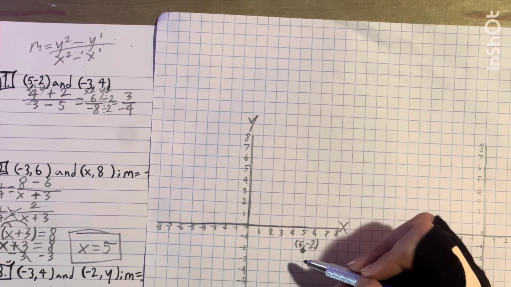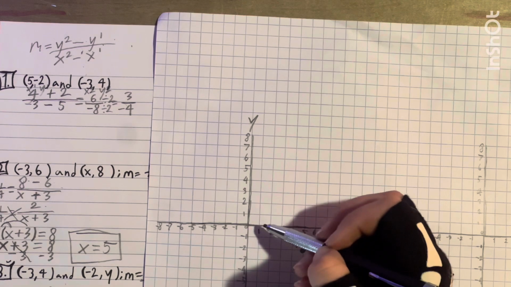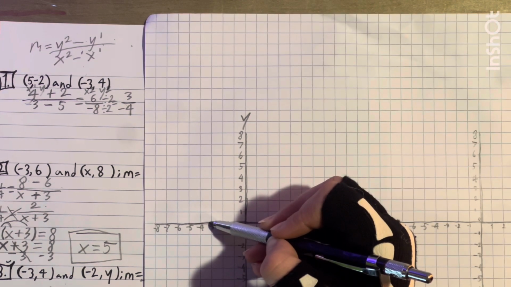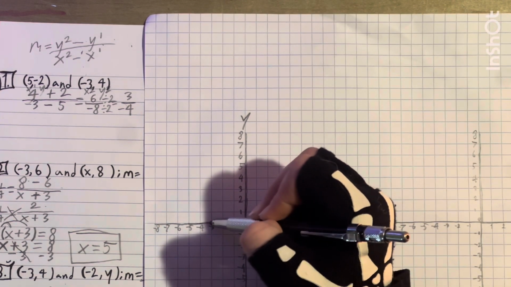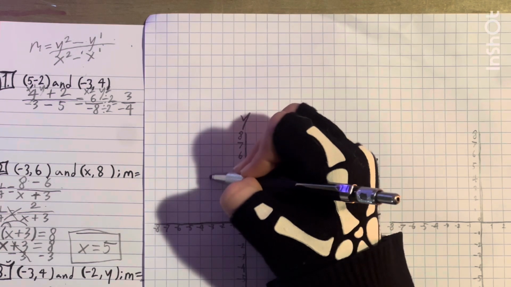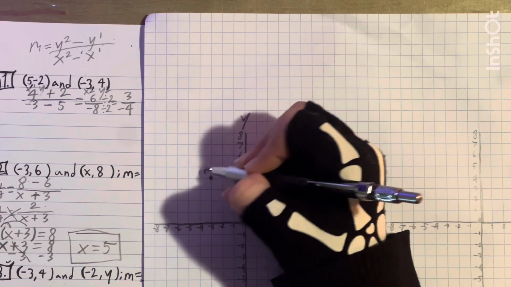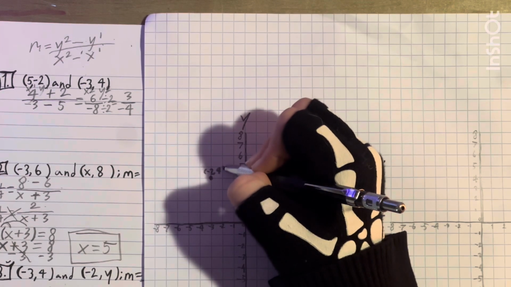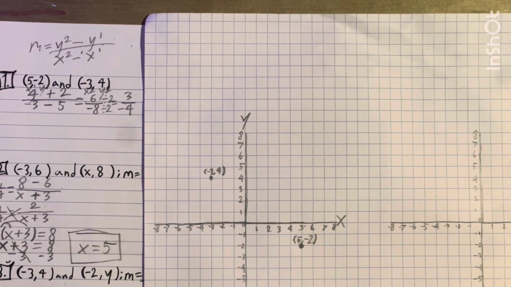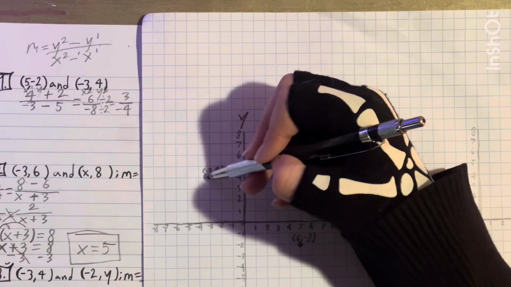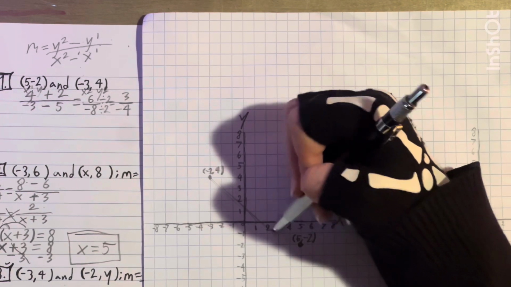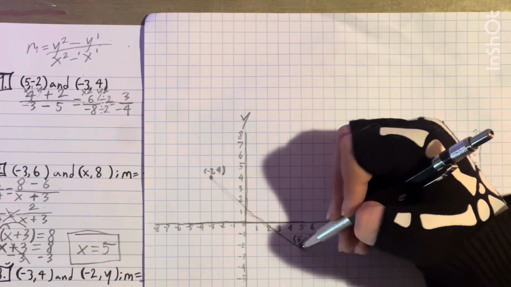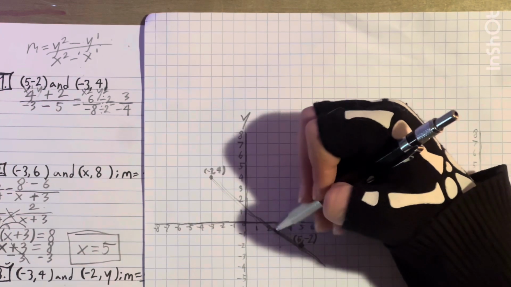And then you have negative 3/4. So you go over to negative 3 and go up to find 4. Negative 3/4. This line is not going to look beautiful, but it will be a line. That is good enough for me.